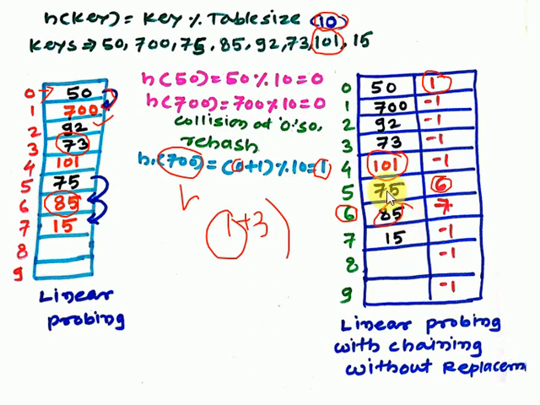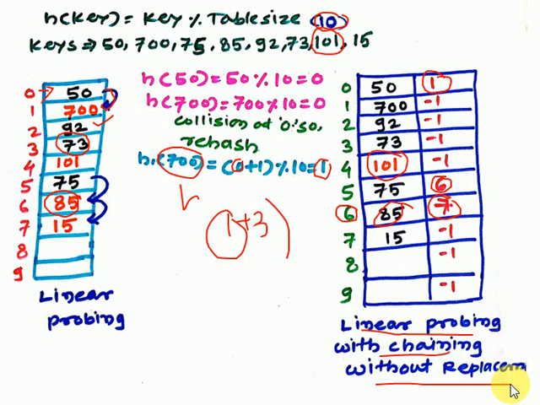Now 15 mod 10 is 5, but at the fifth index there is 75. I find the next location, sixth index, again there was 85. So I got the next index 7. So after 85, the fifth index element is stored at the 7th, so we are giving a chain to 7. So this is called linear probing with chaining without replacement, since we are giving a chain here.